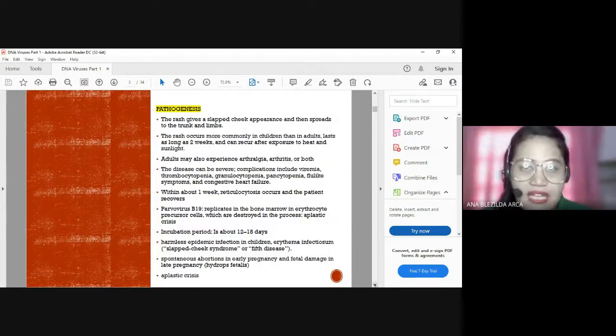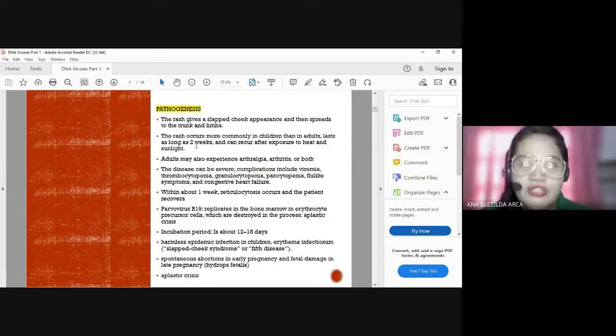So sabi dito, this is the pathogenesis of the infection. Sa mga bata, una muna, they're going to have rashes on the cheek. So mukha siyang slapped cheek appearance and then spread to the trunk and limbs, di ba? The rash occurs more commonly in children as compared sa adults. It can last as long as 2 weeks. Kapag nainitan siya sa araw, pwedeng mag-trigger din ng rashes yon.